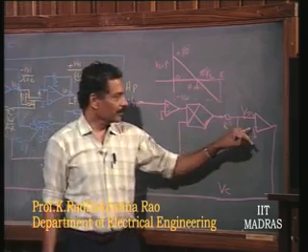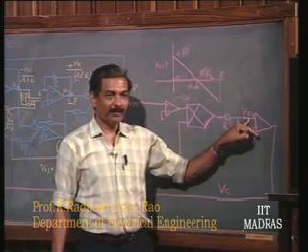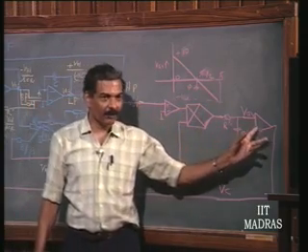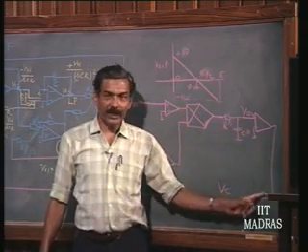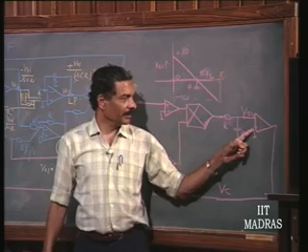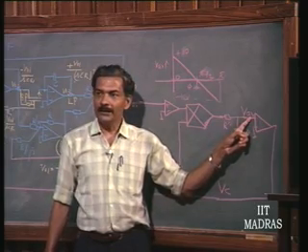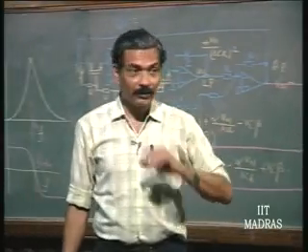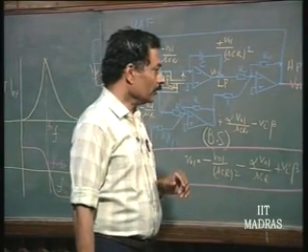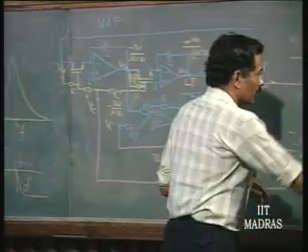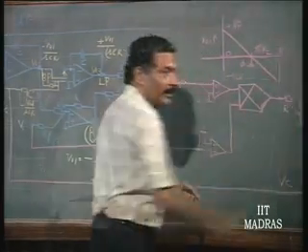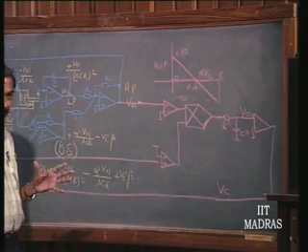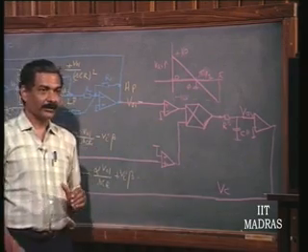This voltage has to automatically become equal to 0. If this is a negative feedback system, since I am using an op amp here, this output should adjust itself so that this voltage and this voltage become one and the same. If it is a negative feedback system, that you have to make sure. Of course, the proper polarity has to be put here to see that it is a negative feedback system.